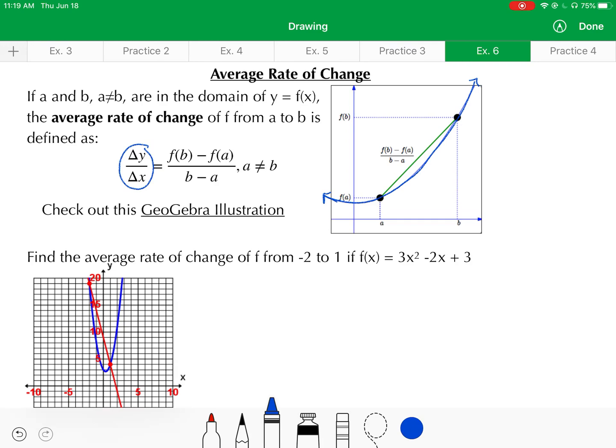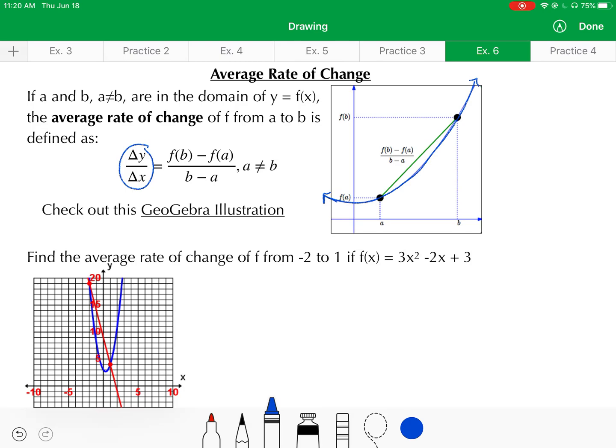So really what we're doing here is we're trying to measure the change of the y values from point to point divided by the change of x values from point to point. And next to it, you have the formula for average rate of change. f of b subtracted by f of a over b minus a.